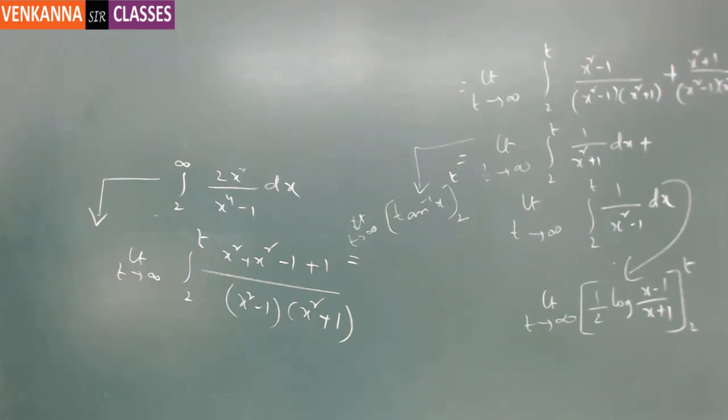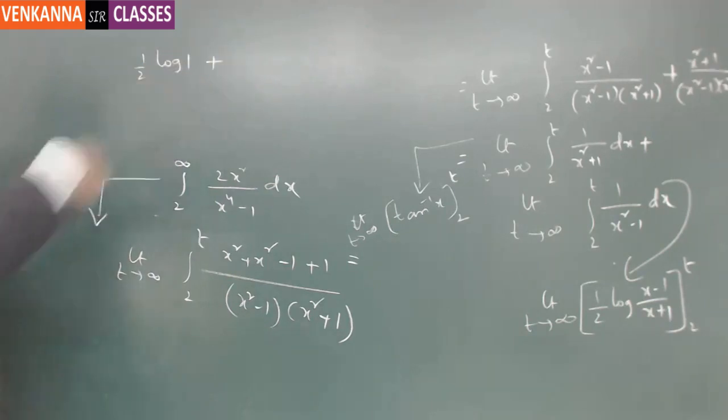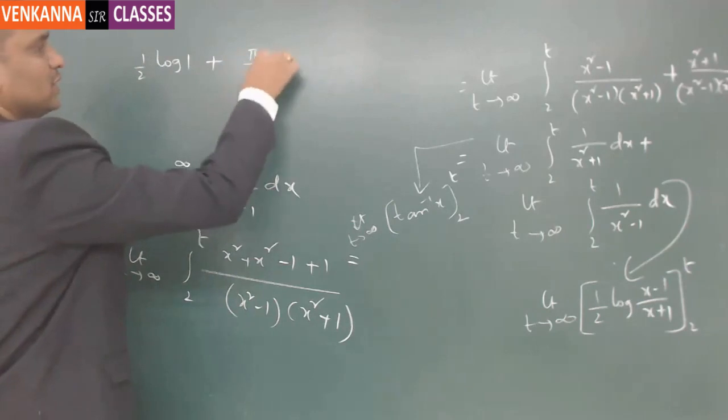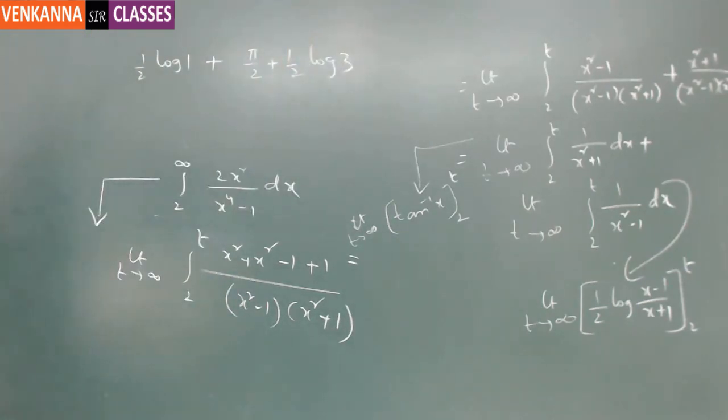Right? So can you apply the limit and give me the answer? I will say that you are going to get the value as 1 by 2 log 1 plus pi by 2 plus 1 by 2 log 3 minus tan inverse 2.